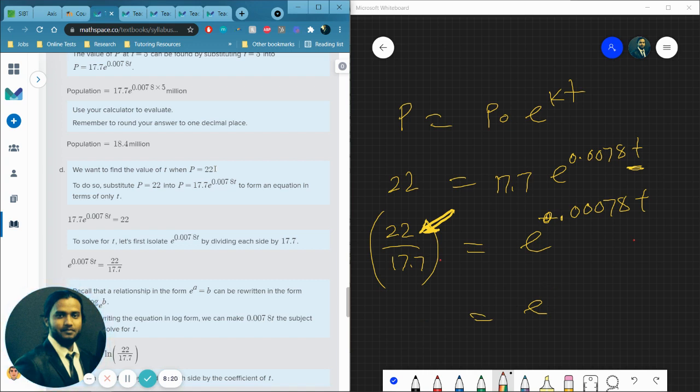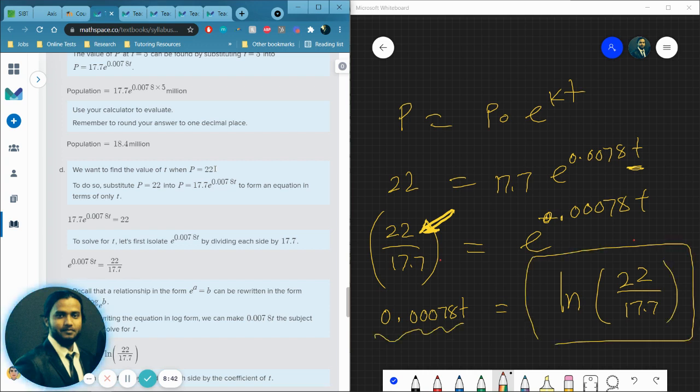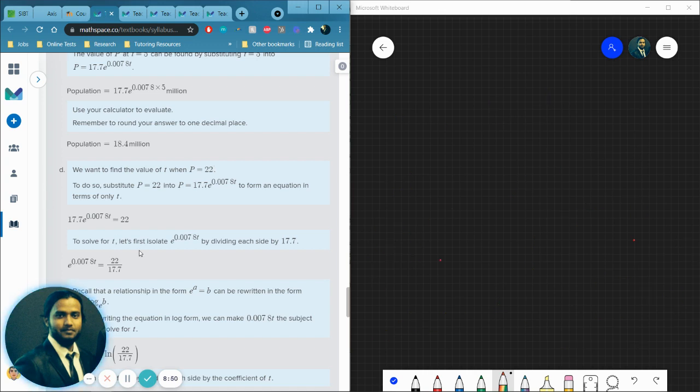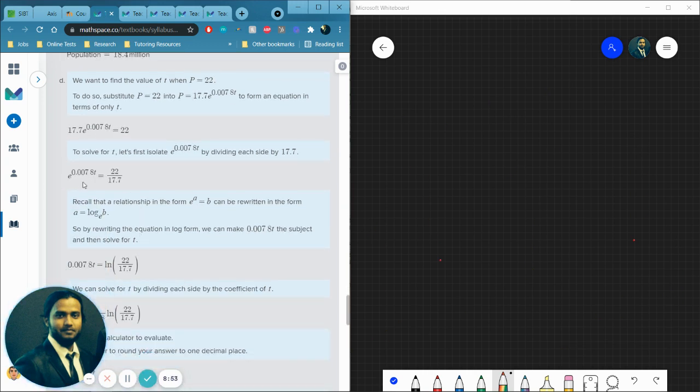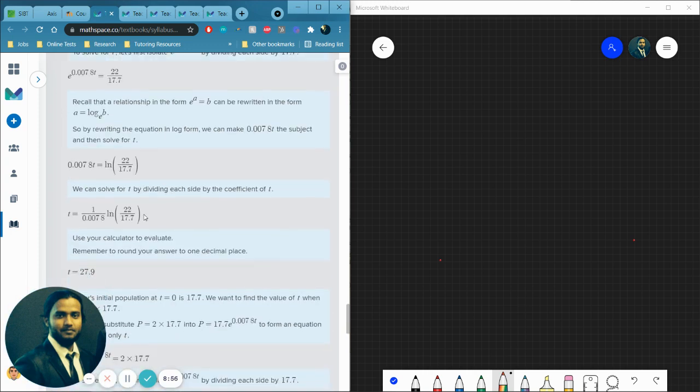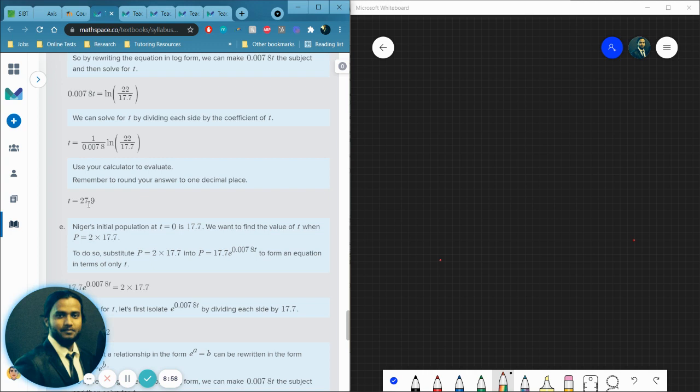So this would be 0.0078t equals, remember, e is ln, so ln of 22 over 17.7. You can get this number from the calculator and divide that by 0.0078, you will get your number of years. And that's what has been done here as well. So you can see from here you can find your t. It turns out t is 27.9 years.